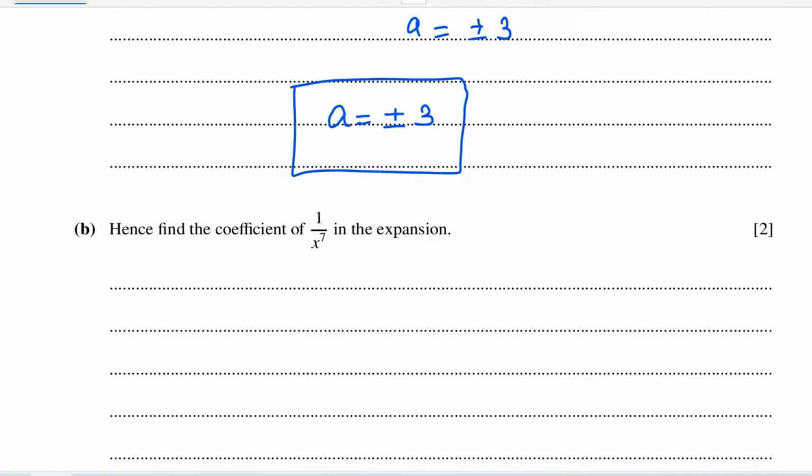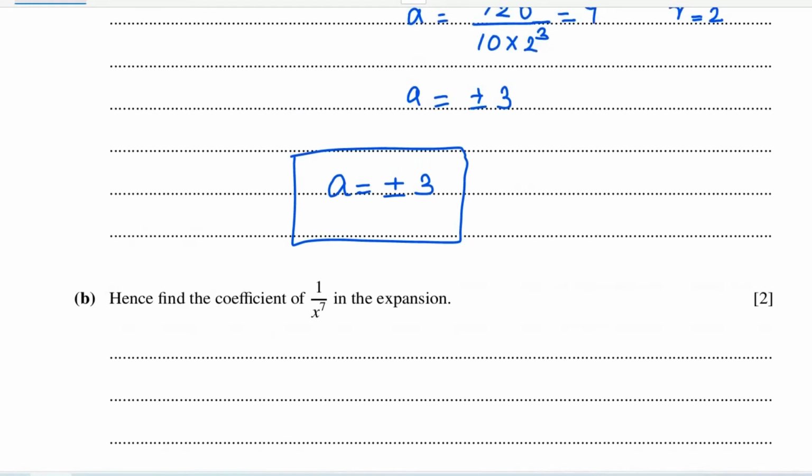The next part of the question is, hence find the coefficient of 1 over x power 7 in the expansion. So we need to find the coefficient of 1 over x power 7, which is nothing but x power -7.